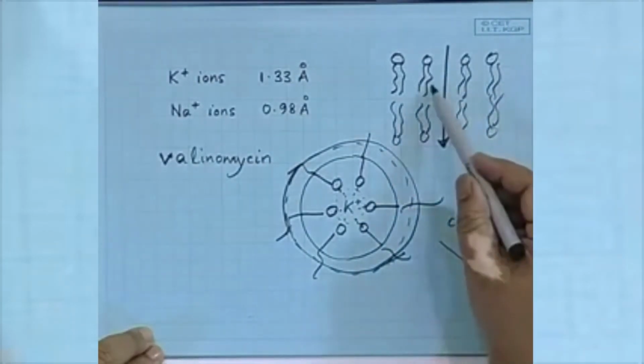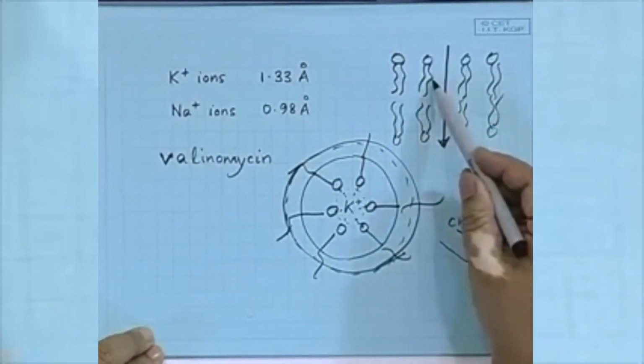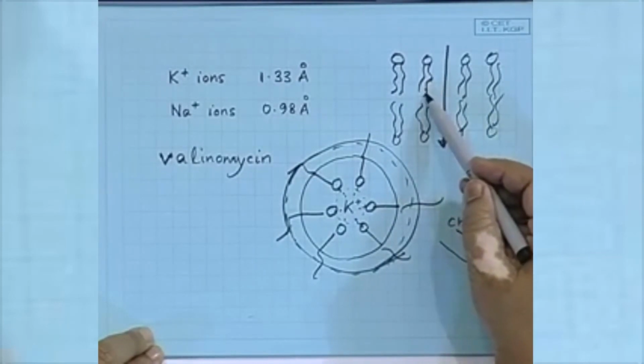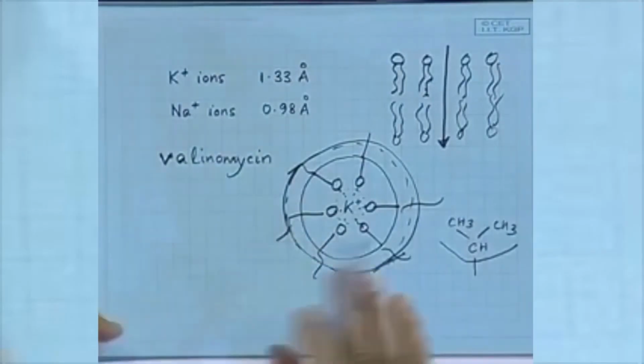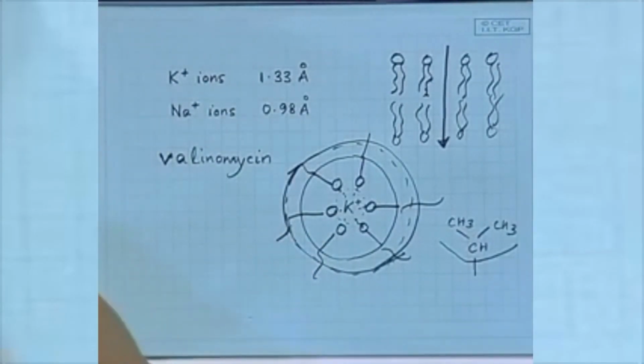So, it can interact with these lipid hydrophobic tails and pass through. So, nature has designed everything. What we have here is, in a resting cell, the K plus channels open, where it is transported using this valinomycin also, but few of the sodium channels open.